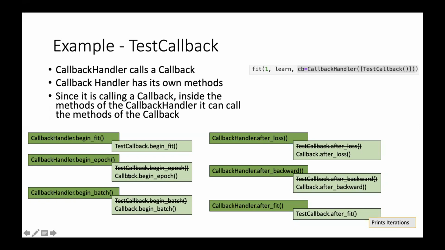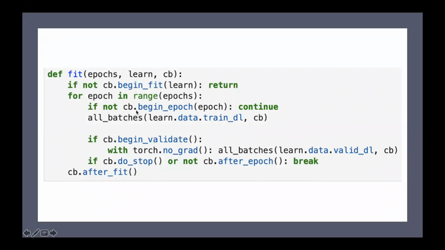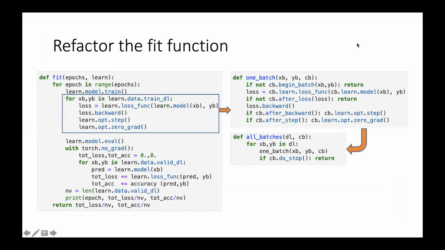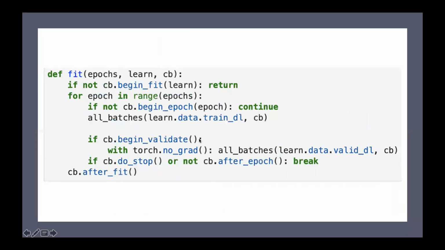And it does for each of these callback functions, right? So if you see the various callback functions here, I have begin epoch. Then if I go to all batches, in all batches, I have all of this. I have begin batch again. I have after loss. I have after backward. I have after step. And then finally, I have something called after fit, right?